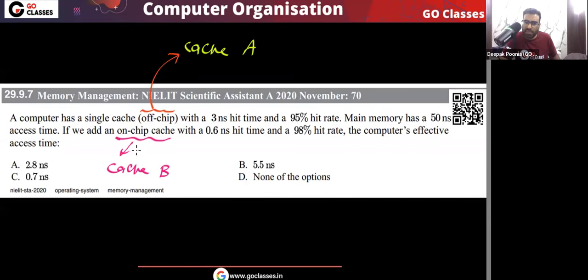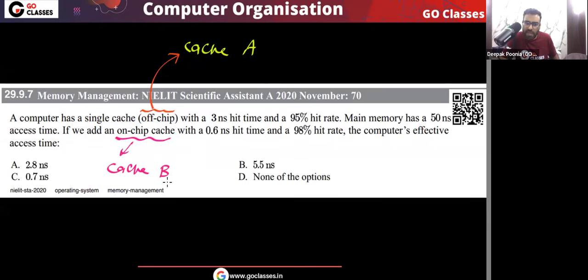So tell me, in this new design, after adding this on chip cache, which of them will be L1 cache and which will be L2 cache? Remember, the cache memory which is closer to CPU is your L1 cache. This cache B is on the processor chip, so it is closest to CPU.